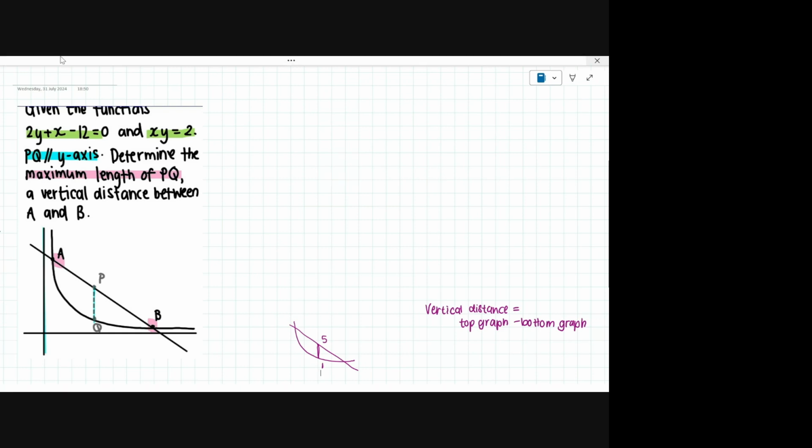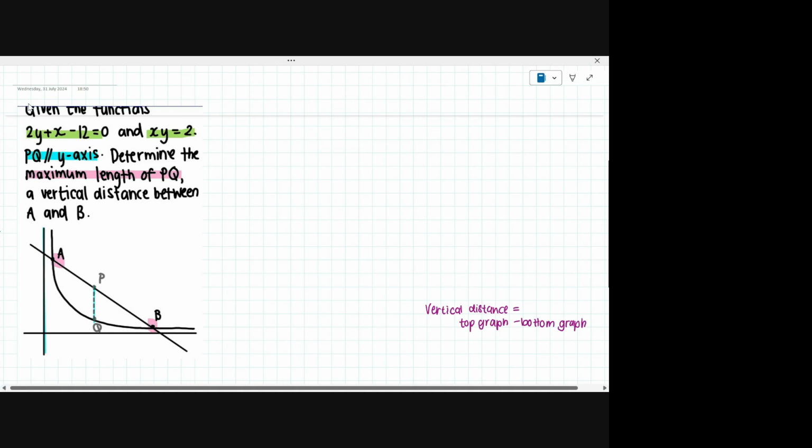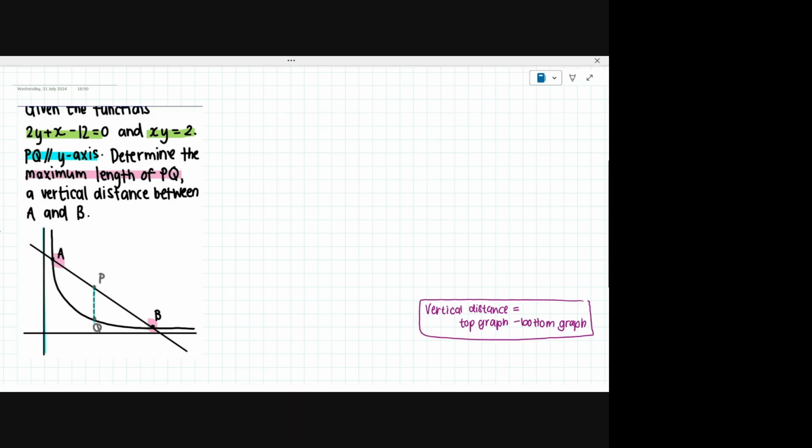And we always take the top minus the bottom. Obviously, you could just go ahead and count it, but the expression that we use is top graph minus bottom graph. So this is really important to remember. You did do it in grade 10, grade 11 when you did functions, but now we can apply the same set of knowledge to calculus.